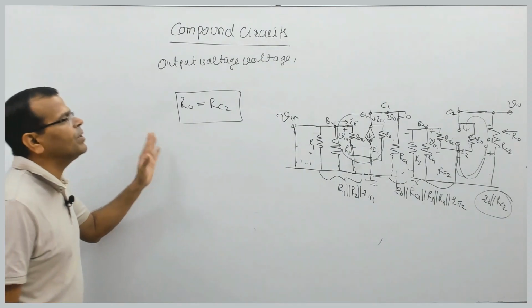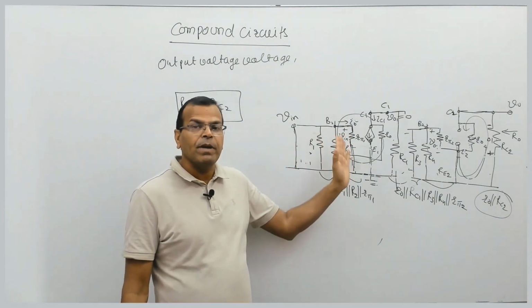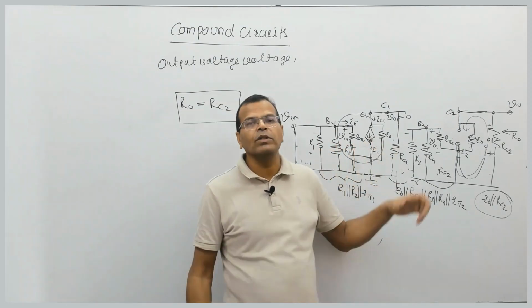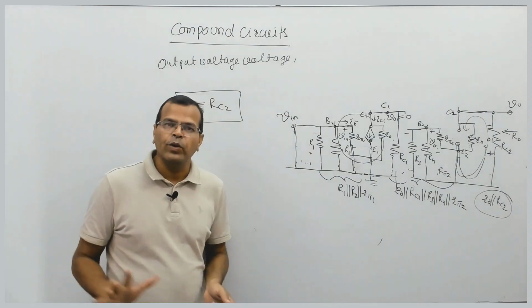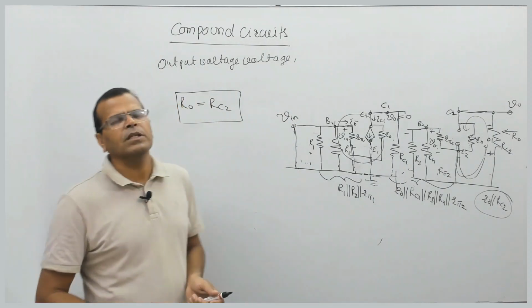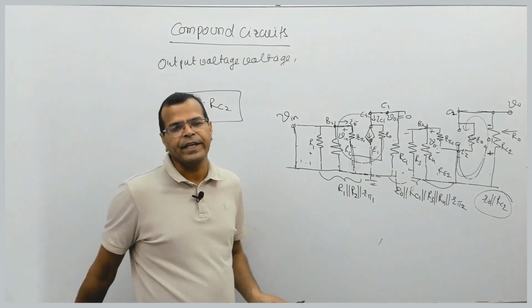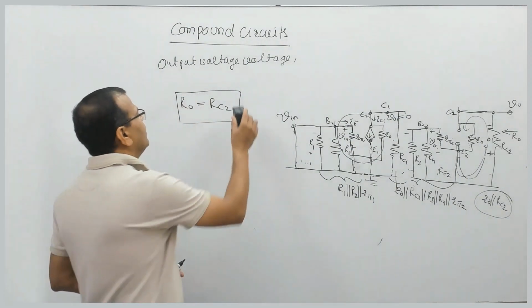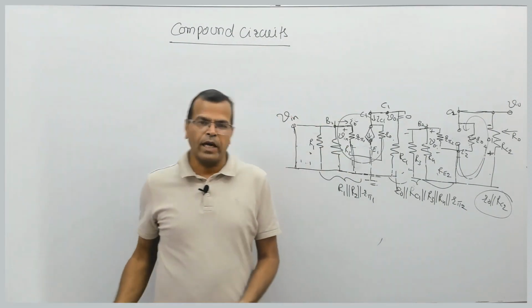We will not be talking about current gain, as mathematically it will become complex and lengthy. So we'll be talking about voltage gain only. As far as the exam is concerned, you have very few questions on cascade connection directly. So let us take the next circuit, that is the Darlington pair.